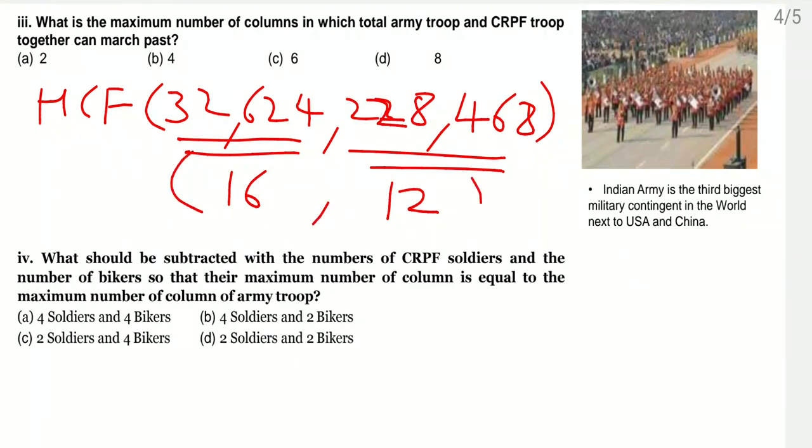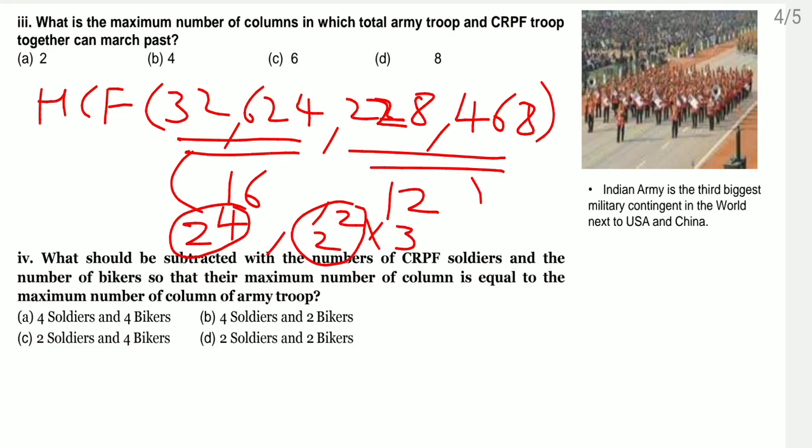So directly we'll find the HCF of these two numbers, right? 16 means 2 raised to 4, and 12 means 4 threes are, that means 2 square into 3, right? Now this one is common, but who is having the least power? 2 square.